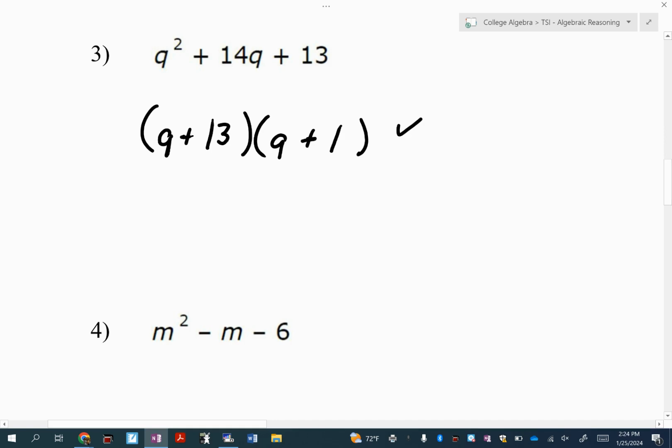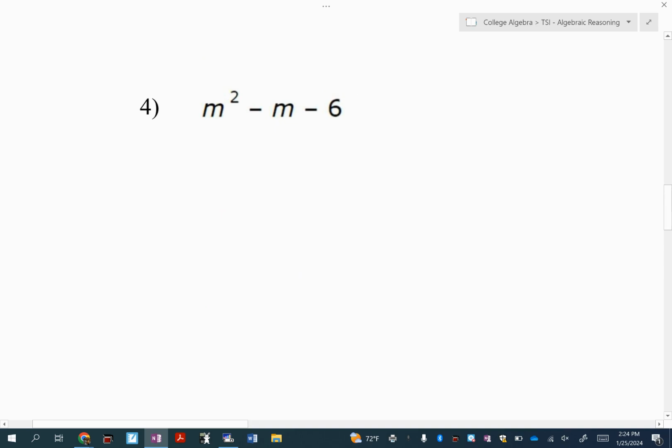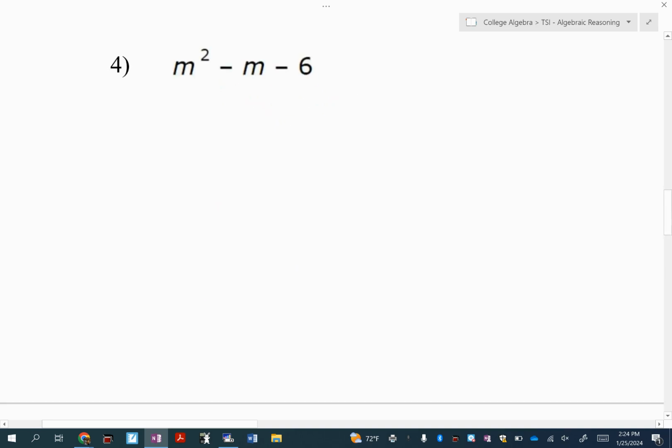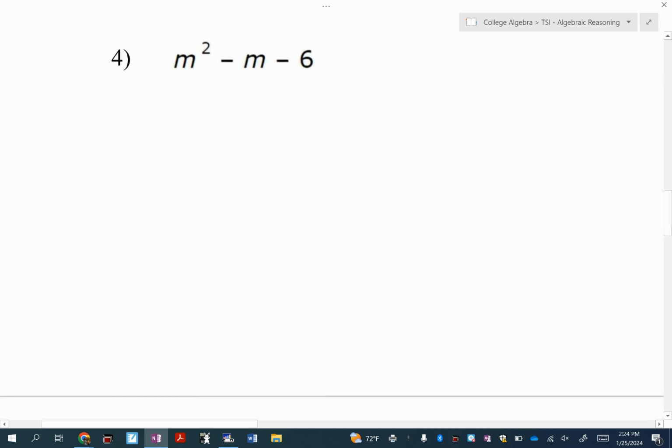Let's do one more. All right, one more, last one. M squared minus m minus 6. So I need two numbers that are going to multiply to give me negative 6 and add to negative 1. So think of two numbers that multiply to give you negative 6 and add to negative 1.